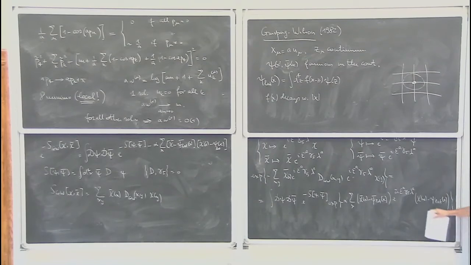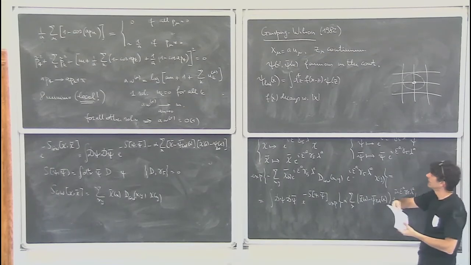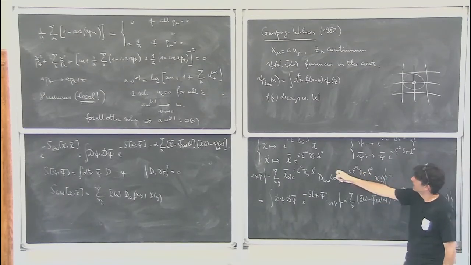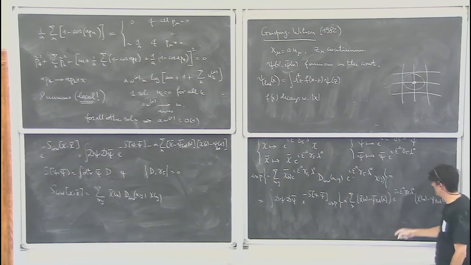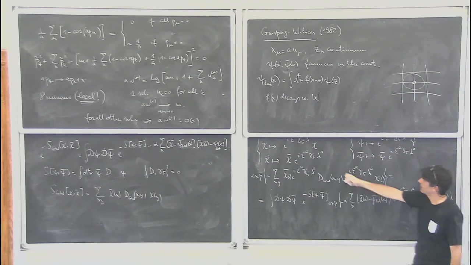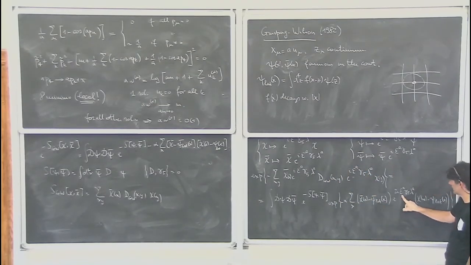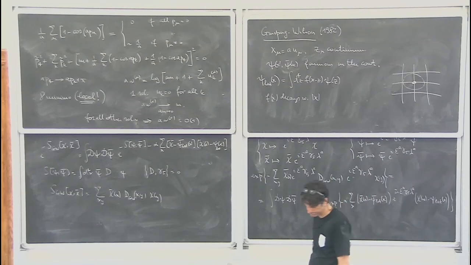Okay? So we get a factor of e to the i epsilon^a gamma 5 lambda^a from this, and we get the same factor from that, so we can combine them, and we get an e to the 2i epsilon^a gamma 5. Okay?